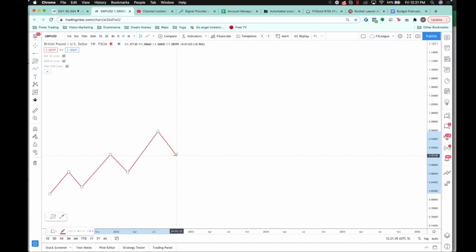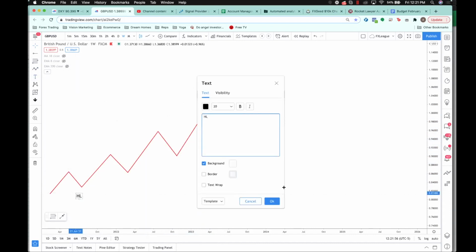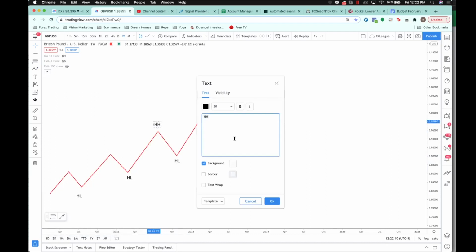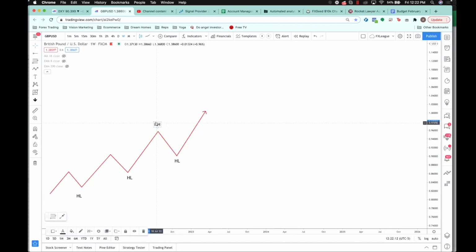So you guys are getting the beef of market structure, which is really the main concept to understand when it comes to trading. So in this uptrend, we have these higher lows right here. Boom, higher low, higher low, higher low. And then on the flip side, we have these higher highs, higher highs.